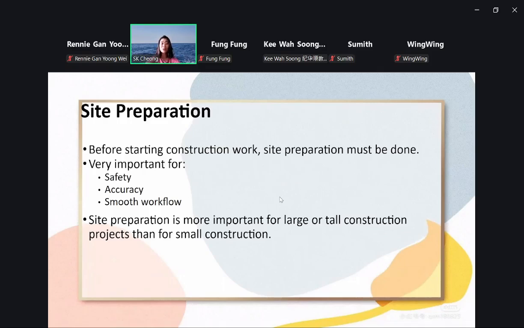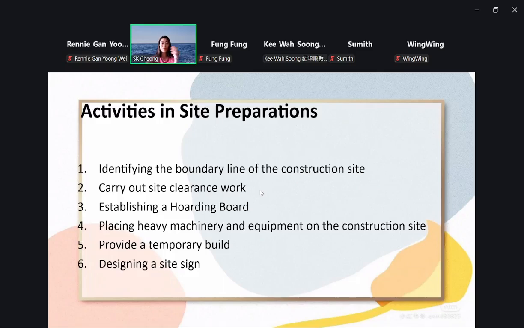So you always see these preliminary words throughout the paperwork. So now you know what preliminary means. So it involves site preparations. So what are they? Why are they? What are the activities?